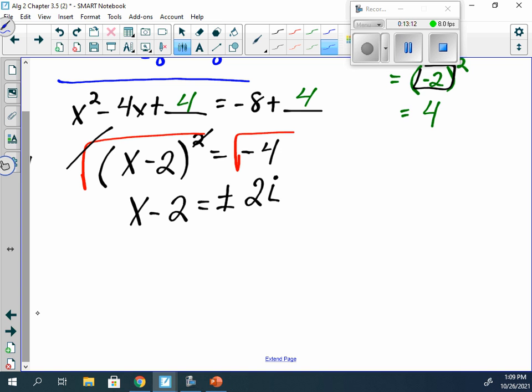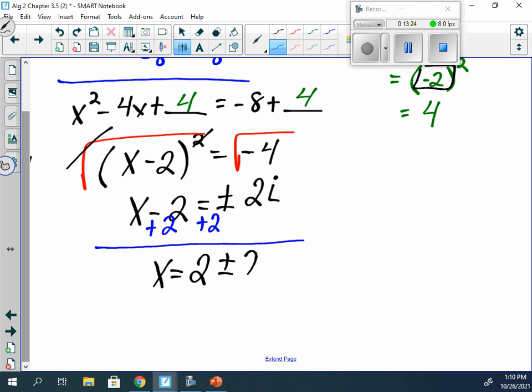We need to do one more thing because we need to get x by itself. We would add 2 to both sides, which will tell me x is equal to 2 plus or minus 2i. Is 2 and 2i, are they like terms? No, we can't add or subtract those, so we are done.